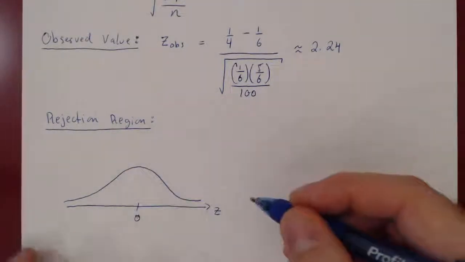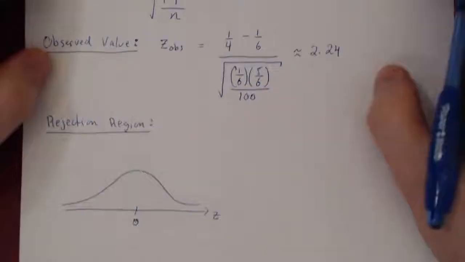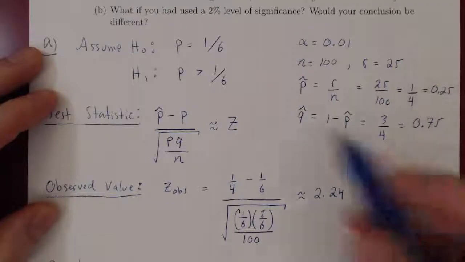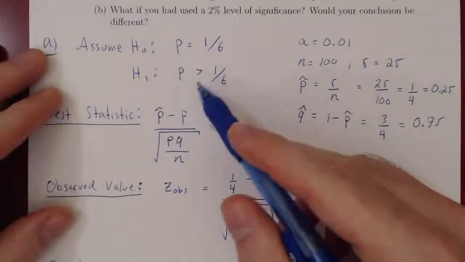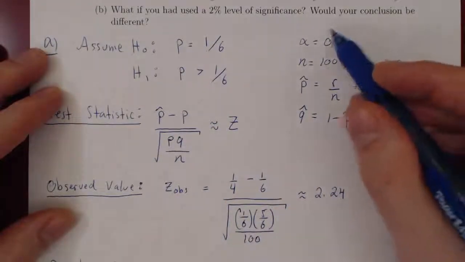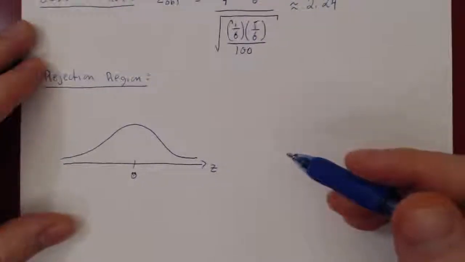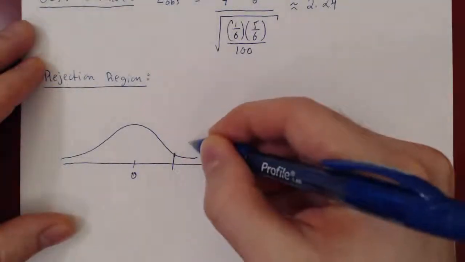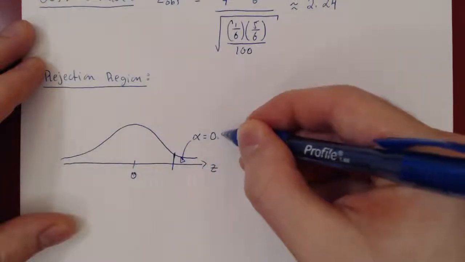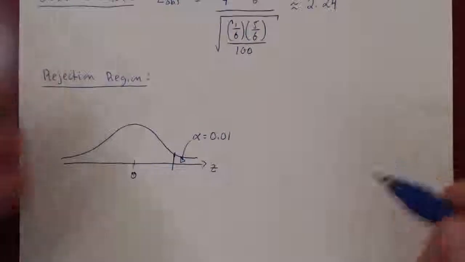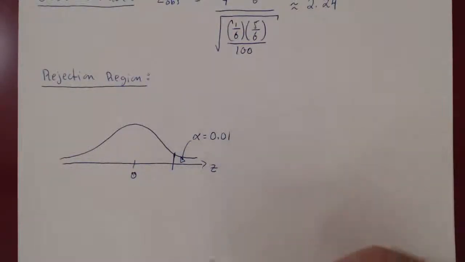It is symmetric about 0. And now we ask, as always, which portion of the distribution are we going to reject? Well, if you look at H1, the claim was that p was bigger than 1 out of 6. So we have a right-tailed test, so we reject the larger 1% of values. So we have to find now the z-score that corresponds to an area to the right of 1%.